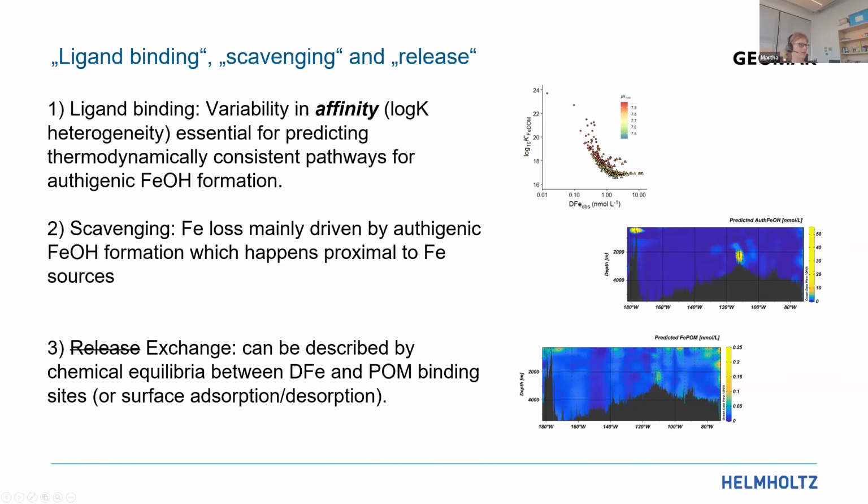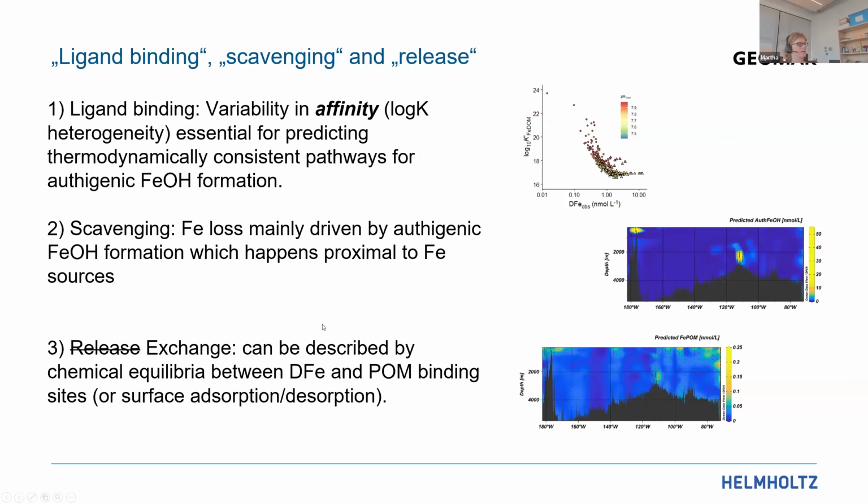So maybe it can be described by a chemical equilibrium between dissolved iron, or between Fe prime actually, and POM binding sites. It could also be surface adsorption or desorption on other types of mineral particles, which we didn't have to consider in this region because they just weren't very abundant, things like carbonates or silicates.